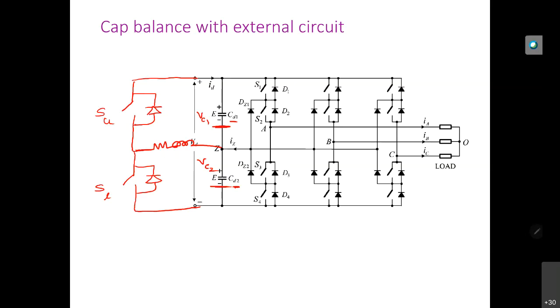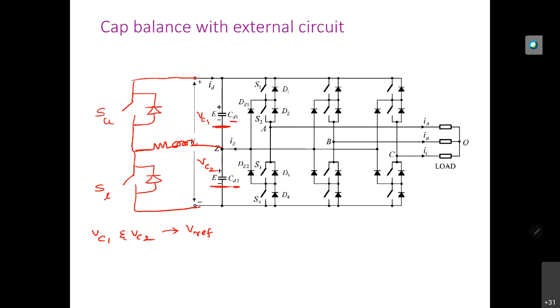The switching signals for this SU and SL all depend on the two capacitor voltages, VC1 and VC2. Let us assume that each is supposed to maintain a voltage of V reference. That means the overall voltage is 2 times the V reference.